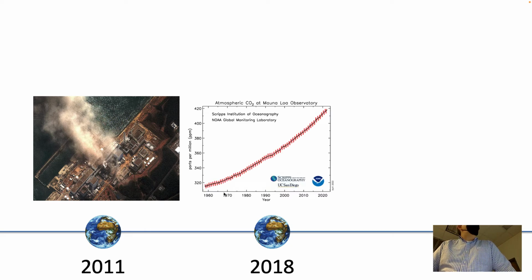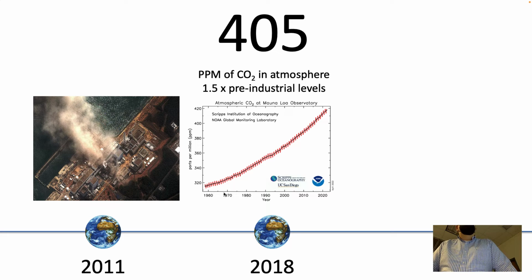In 2018, we reached the dubious level of 405 parts per million of atmospheric carbon dioxide. So why is this number significant? We were at 270 parts per million of carbon dioxide in the atmosphere before industrialization happened starting around 1850.